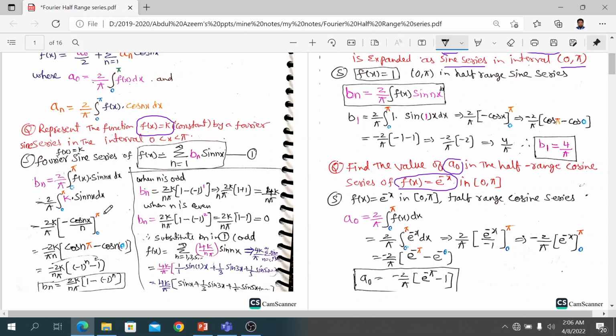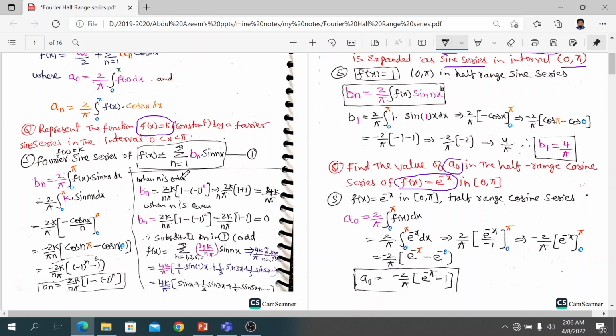Now upper limit cos n pi minus cos n into 0. Cos n pi value is minus 1 power of n, minus cos 0, which is 1. Now multiply: minus into minus is plus, so we get 1 plus minus 1 power n... Since we have n, here we have two cases.